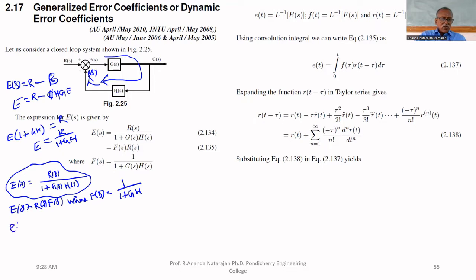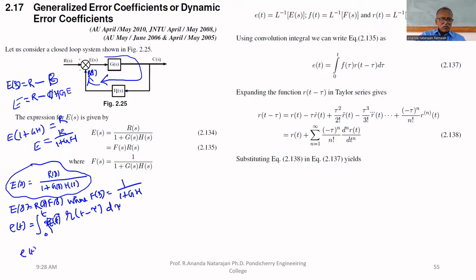Therefore, E of T equals the Laplace inverse of E of S. But this is a product of two functions in the frequency domain, so taking the Laplace inverse gives a convolution in the time domain.